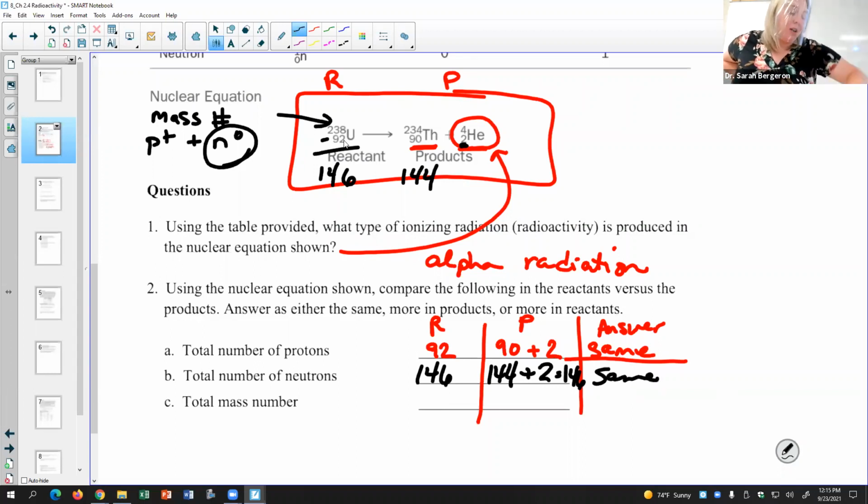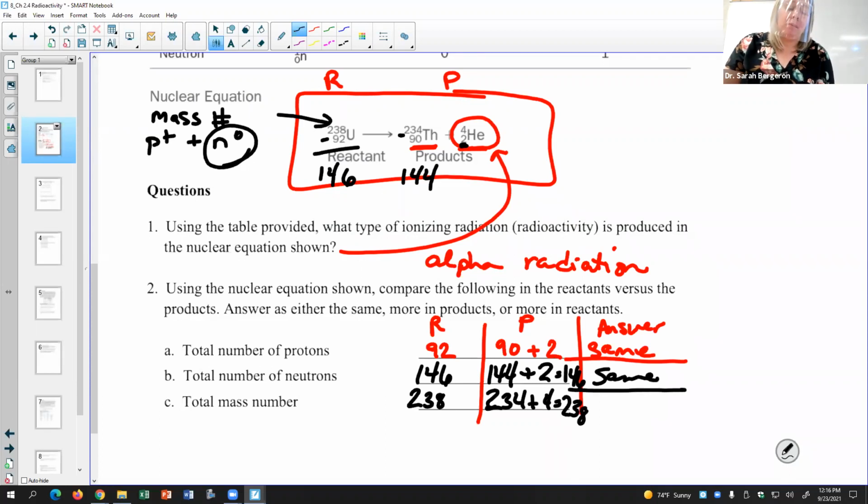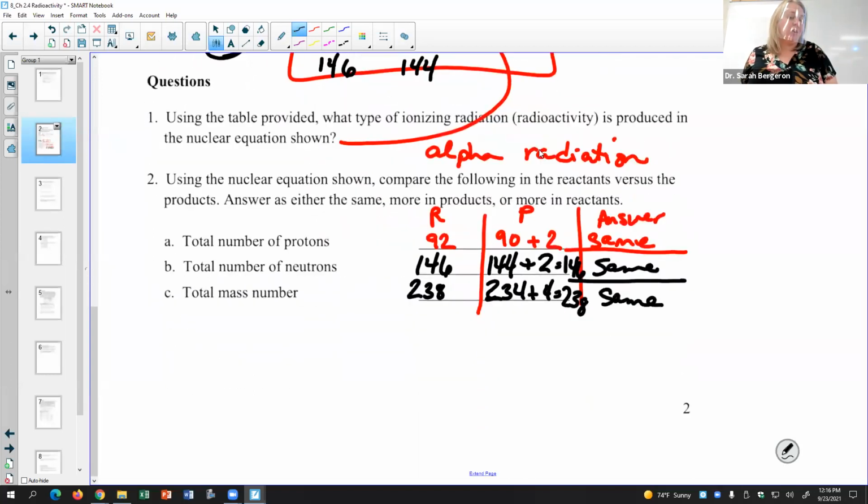Well, total mass number, all I have to do is write that mass number. 238, right? And then 234 plus 4, what do you get? 238. So what are they? The same, right? So that's how we're able to write those equations out when you have this and it degrades to that, what kind of radiation was occurring. Okay.